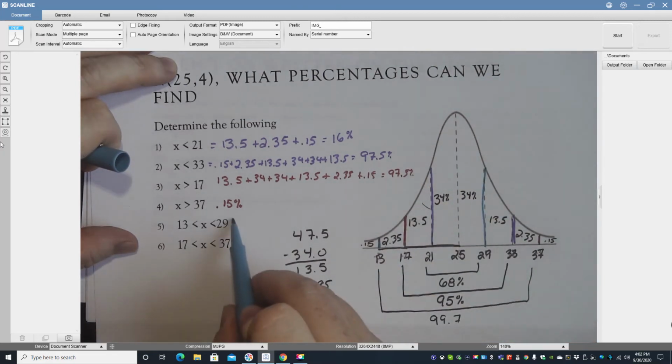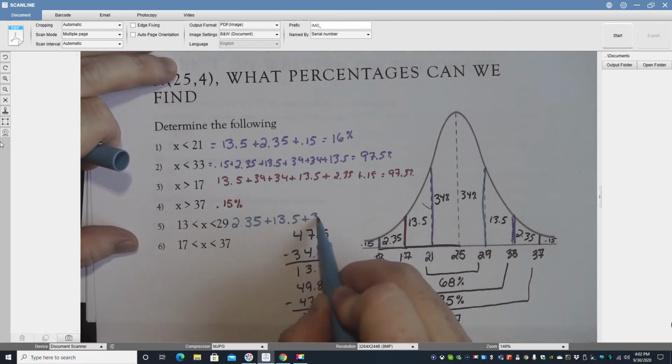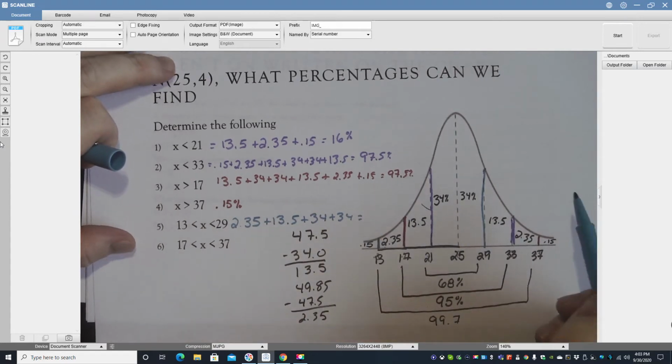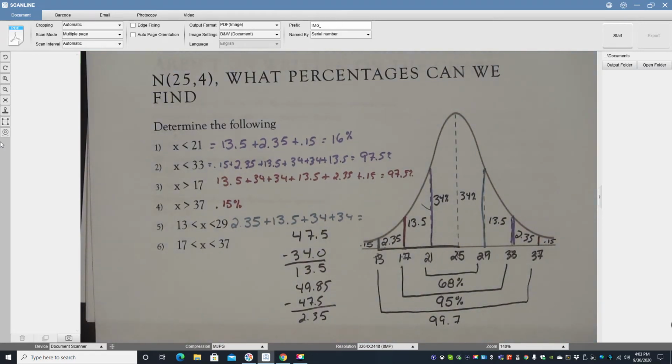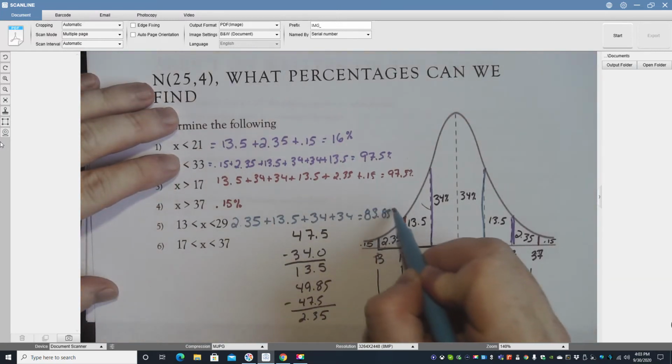So 2.35 plus 13.5 plus 34 plus 34 gives me, let's see, 68, 81.5, and then 83.85%.